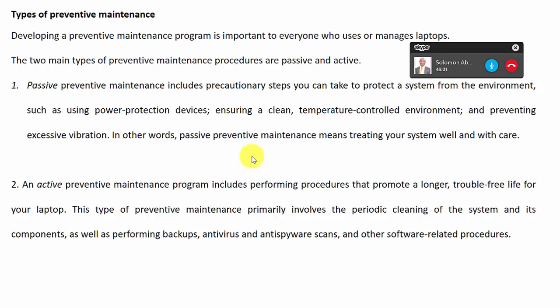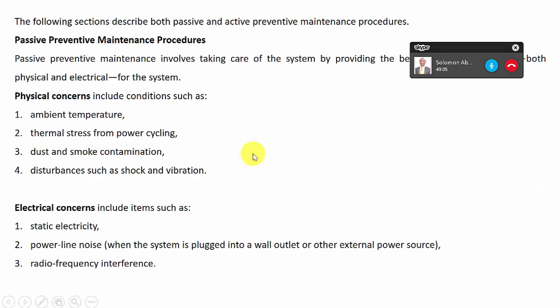I'm going to slide 4. Here, I look in detail at the 2 types of preventive maintenance I've mentioned earlier. Number 1, which is passive preventive maintenance procedure. This one has to do with 2 things: physical and electrical aspects of concern for the system.